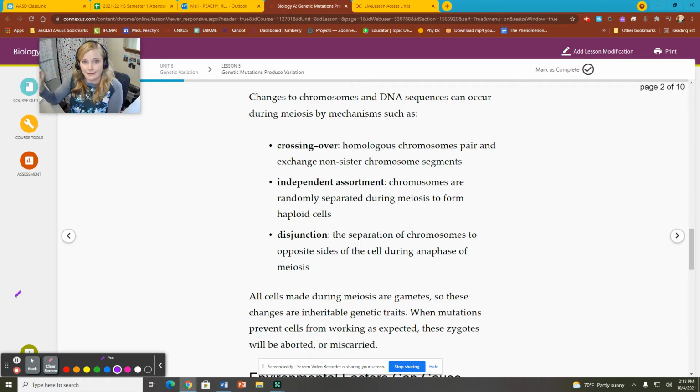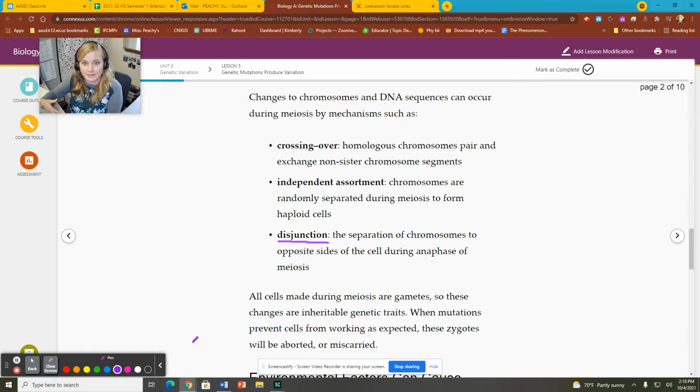The other thing that can happen is something called nondisjunction, which we haven't talked about before. So this is a new term here. This is where the chromosomes don't separate properly. So you may end up with a different number of chromosomes or fragments of chromosomes sometimes. Sometimes they break apart. Those are chromosomal issues that can happen.